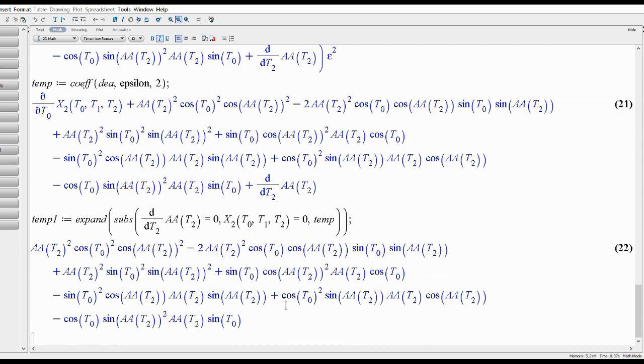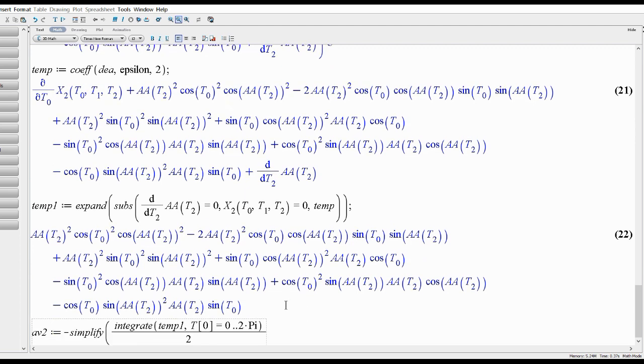So I'll say AV2 is equal to minus simplify integrate temp 1, T0 equals 0 to 2 times pi, divided by 2 times pi.